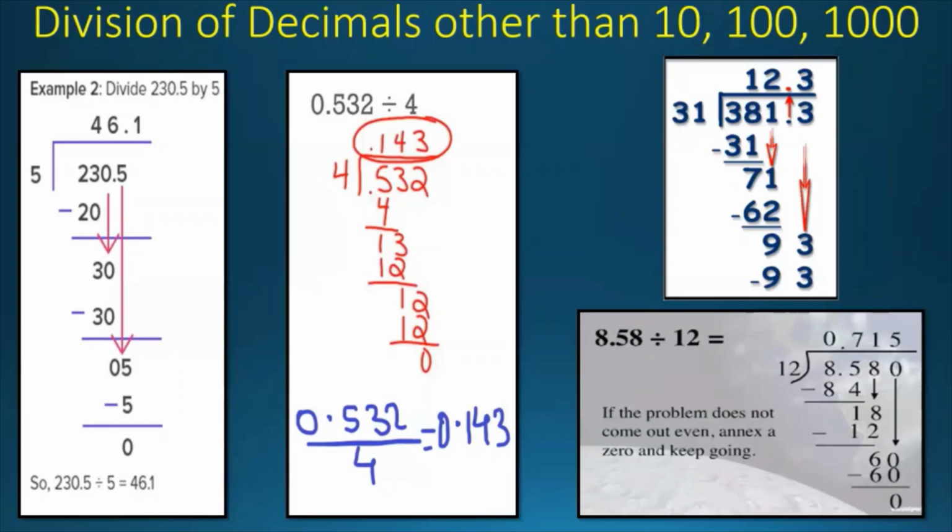One thing we have to note is that if the problem does not come out even, then we have to annex a 0 and keep going. What I mean is that when we have 858, it is not divisible by 12 evenly. We will still get a remainder. At that time we put a 0 after the dividend, and then we put that 0 in the division box and divide it like normal.